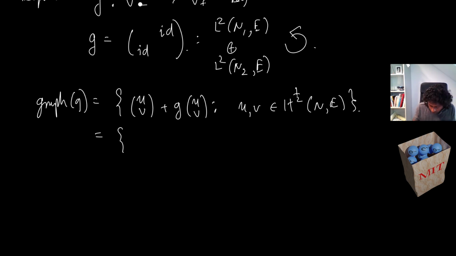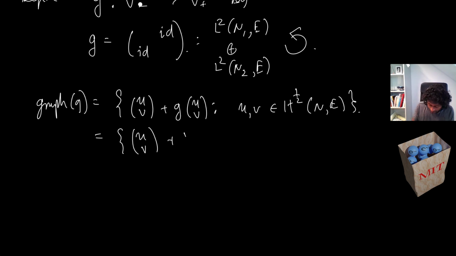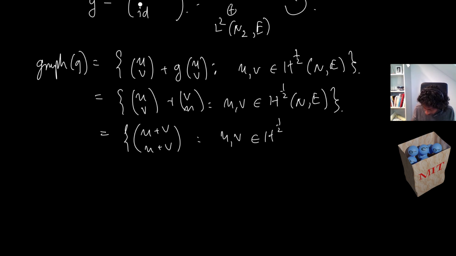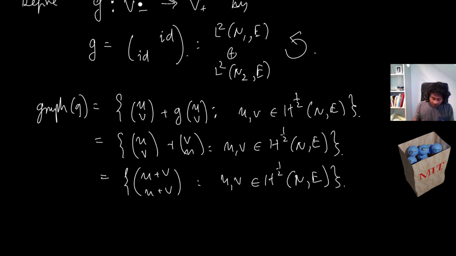This is going to be (u, v) plus (v, u), so this just interchanges the slots, such that (u, v) is in H^{1/2} on the boundary. And that's precisely equal to (u + v, u + v), such that (u, v) is in H^{1/2} of the boundary. And this is precisely of the form that we want, right?